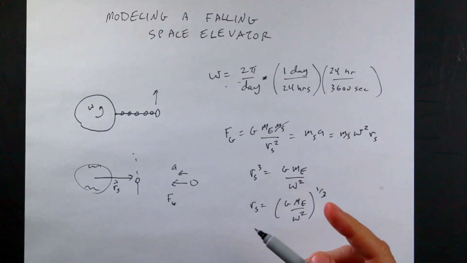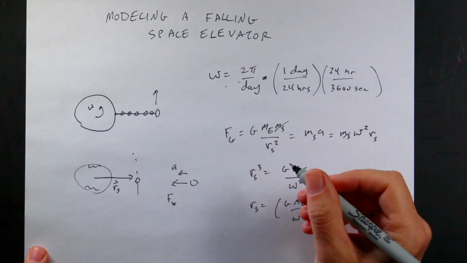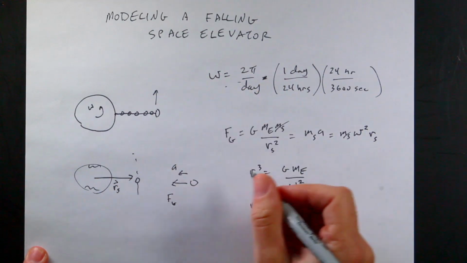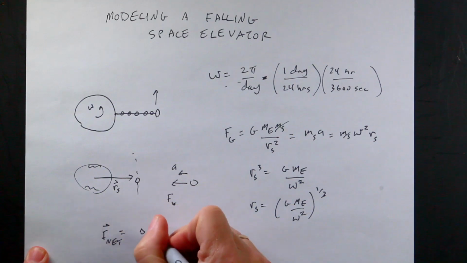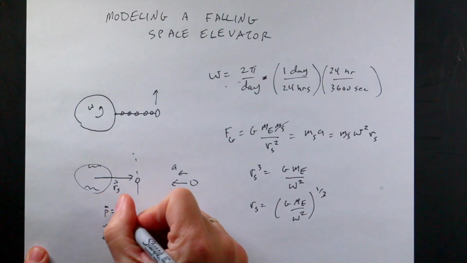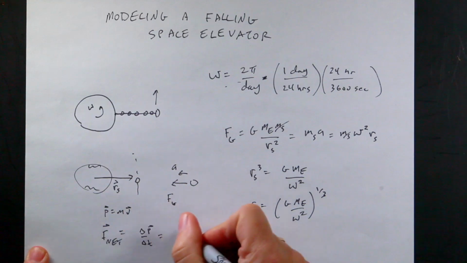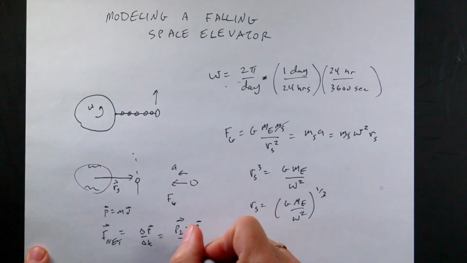Now, I do need something else, right? I need the velocity. What I'm going to do is to use the momentum principle to model the motion of this. So I'm going to say F net as a vector is delta p over delta t, where p is momentum, mass times velocity. And that's going to be p2 minus, that's a vector, minus p1 over delta t.